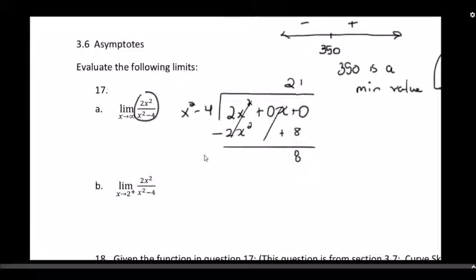So it's plus 8 over x squared minus 4. What we've just done is rewritten the original expression. Instead of 2x squared over x squared minus 4, it becomes 2 plus 8 over x squared minus 4.